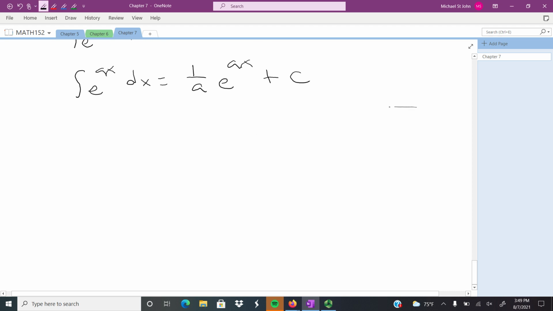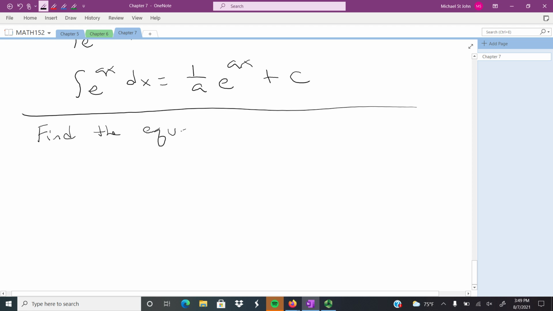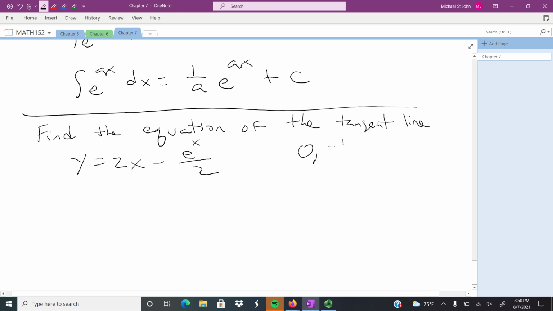So let's say we now have this. I want to find the equation of the tangent line. And so we had y equals 2x minus e to the x over 2, and we have the point 0, minus 1/2.